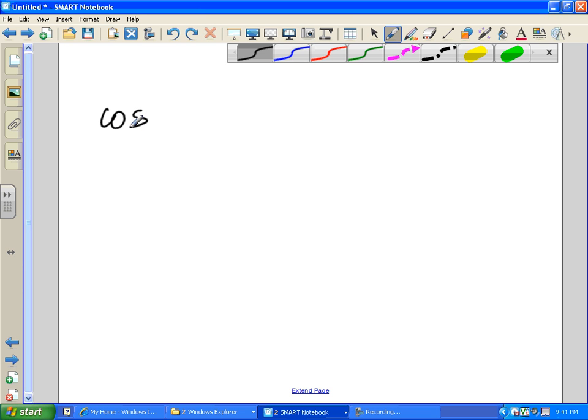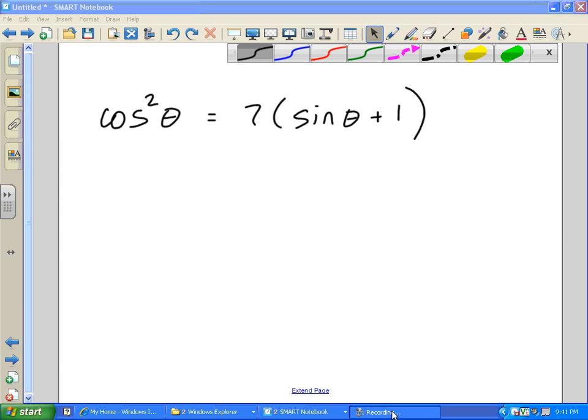So we have here cosine squared theta equals 7 times sine theta plus 1. So it's really, really similar to the one I just did. So let's see if we can catch on a little bit better this time. Now, here again, the idea is we have a cosine squared and then a sine. And so the main goal here is I want to make this an equation that only has sines or only has cosines.